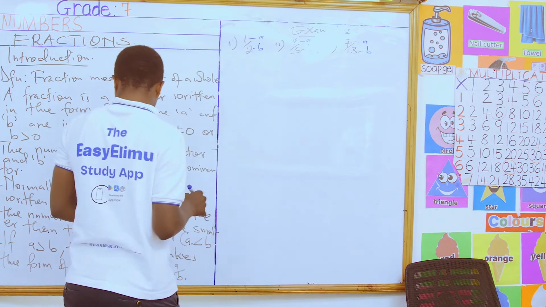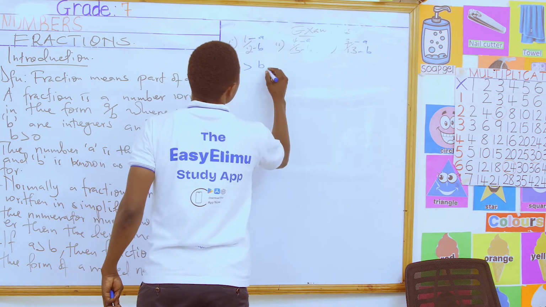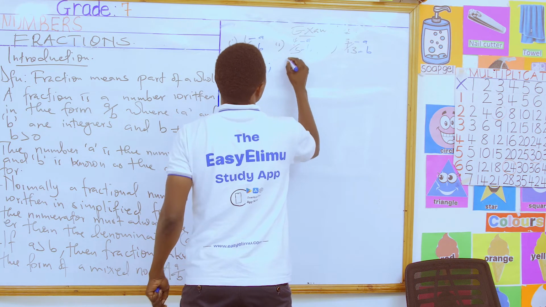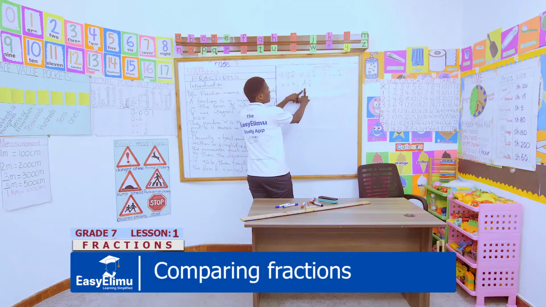However, in situations whereby A is greater than B, then that particular fraction must be simplified, and when that happens, it will take the form A A/B, where A uppercase represents the whole number part of that fraction.